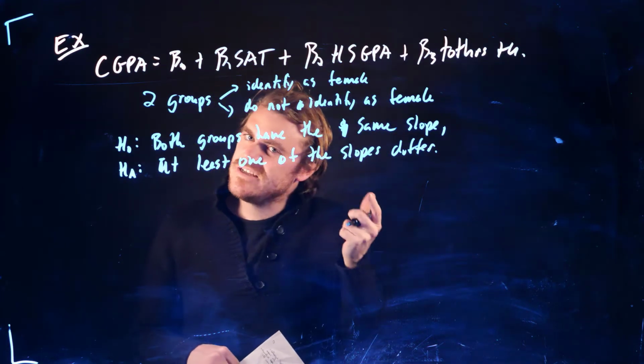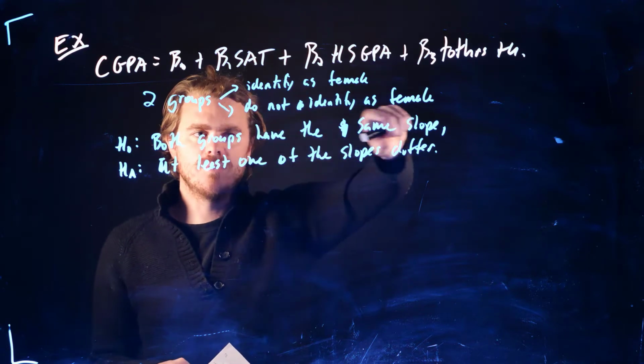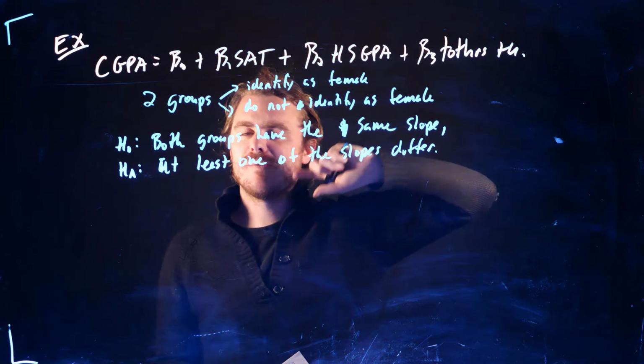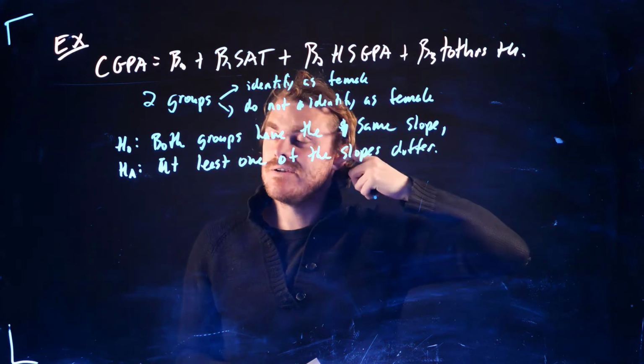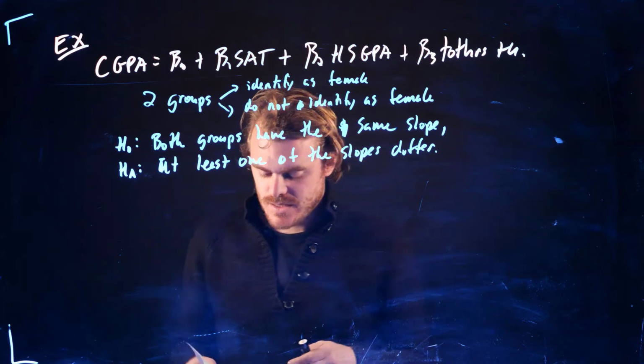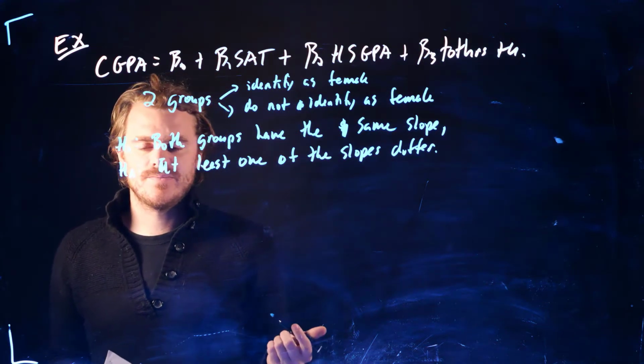I changed a little bit here in that before, our null was that the slopes and the intercepts were the same. Here I'm allowing the intercept to be different between these groups, just to show you what it looks like. And so let's think about how you do a Chow test on this.